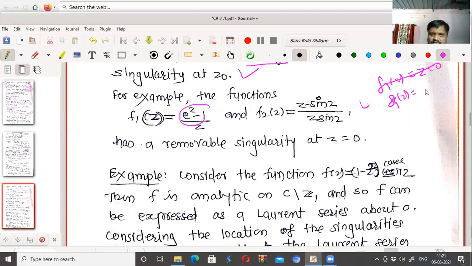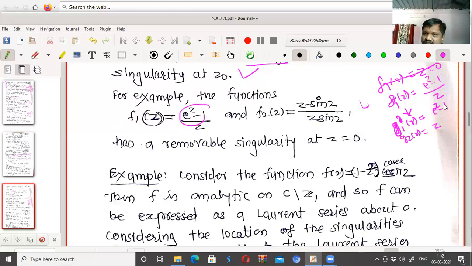f1(z) equal to (e^z minus 1) upon z. From this, I will consider g1(z) equal to e^z minus 1 and g2(z) equal to z.